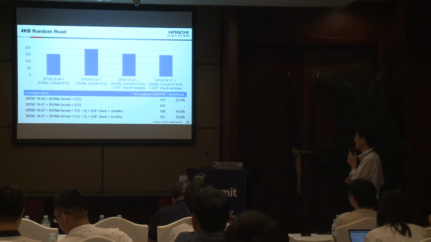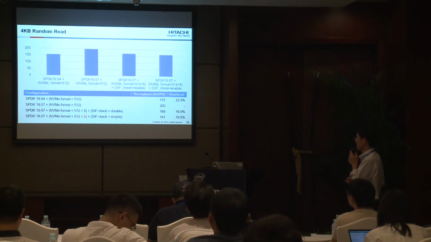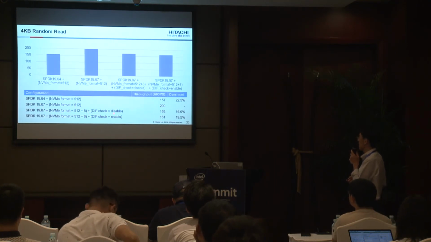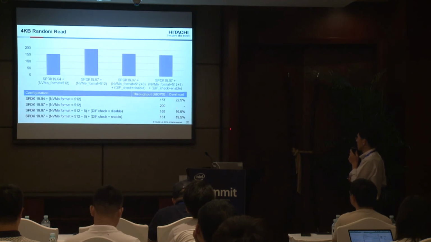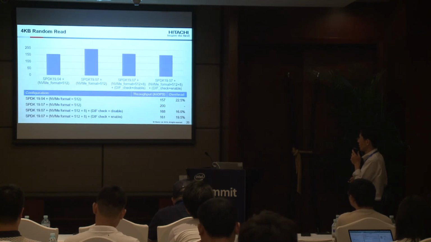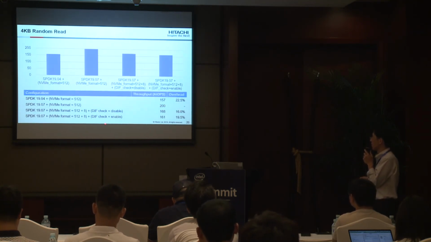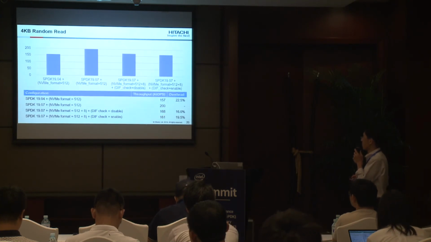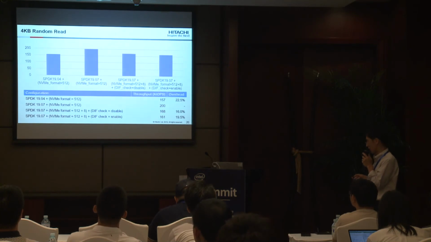But this case highlights the case when we create a special scatter list, and this caused 16% overhead. And the fourth one, the difference from the third one is that we enable DIF check, and this added an extra 3.5% overhead, and in total we saw about 20% overhead when we enabled this feature.